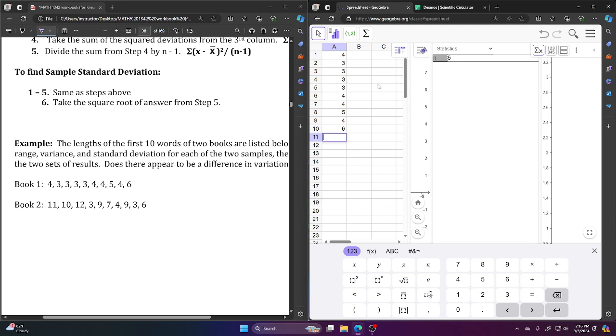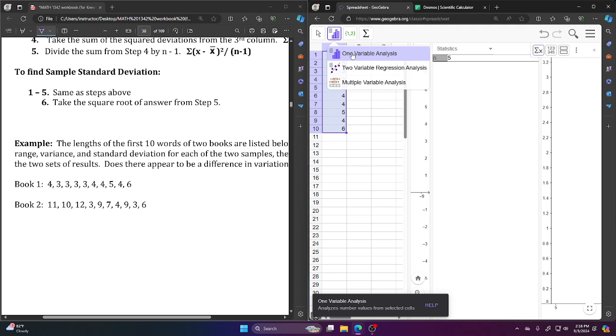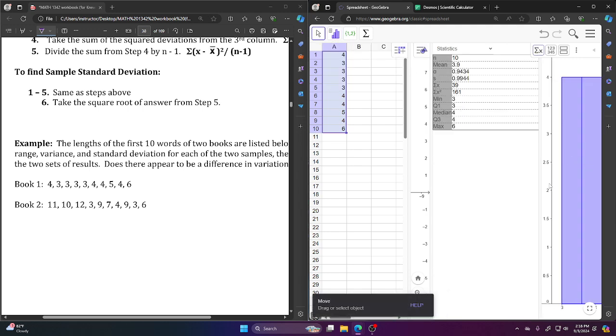Y'all get the numbers, and then you're gonna tell me if we get the same thing or not. So don't look at my screen. Just want to see if y'all can get it.